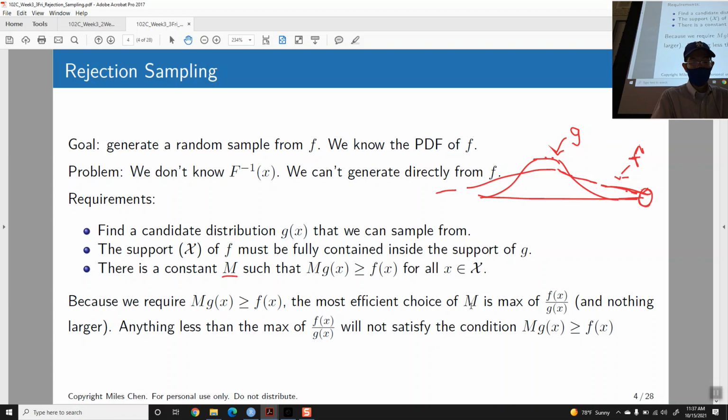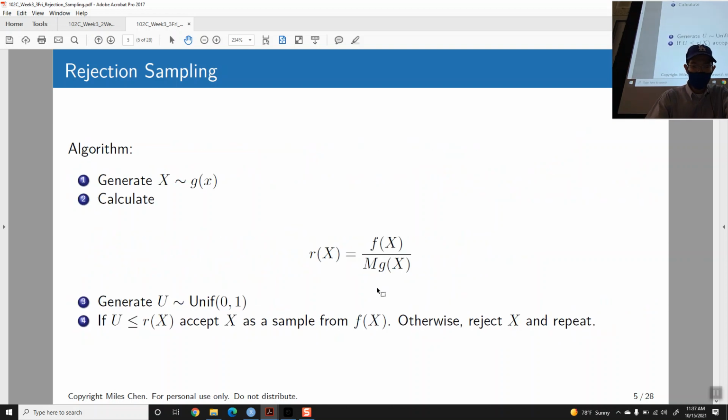If we pick anything less than m, then m times g is not going to satisfy the condition that it's greater than or equal to f. And anything larger than that would be considered wasteful, because m times g is going to be bigger than f. So that's what we have.